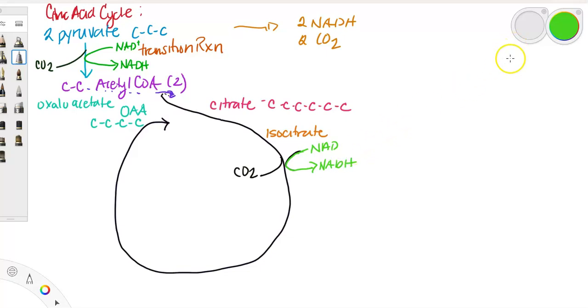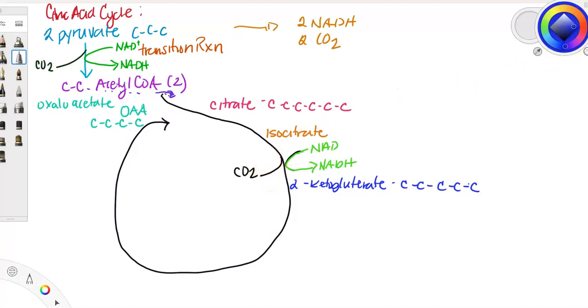All right, so that isocitrate then becomes alpha-ketoglutarate. And alpha-ketoglutarate is a 5-carbon molecule because we just got rid of one of those carbons.